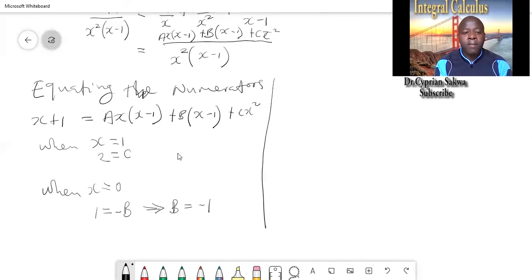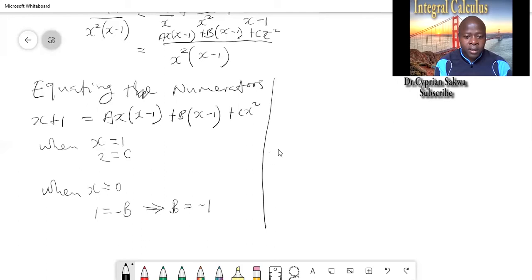Now I'm left with a to get. I have b, I have c. To get a, the easier way would be to expand this right side and then substitute the value of c and the value of b. So let's write what we have.